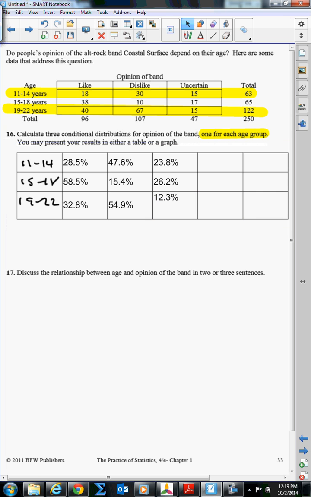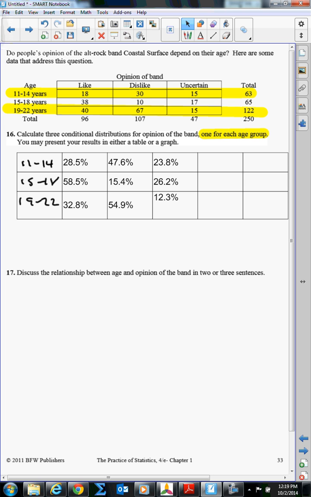Okay, so those are the values, and I've showed you before the fractions where they came from. Just real quick, if you want them again, in this cell it's 18 over 63, 30 over 63, 15 over 63. This cell is 38 over 65, 10 over 65, 17 over 65. This cell is 40 over 122, 67 over 122, and 15 over 122.